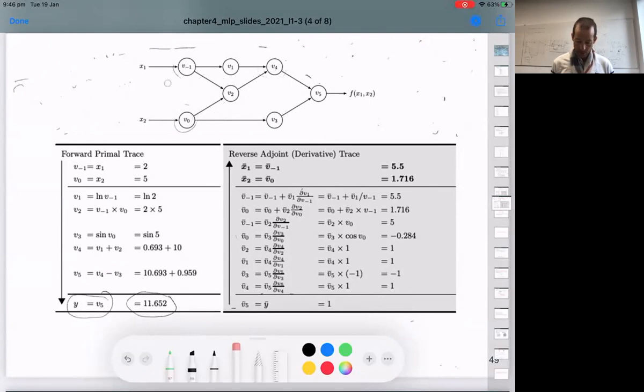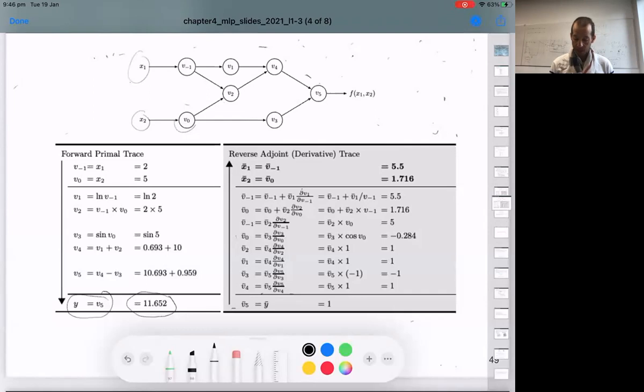Okay, so now I want to compute the derivative. In fact, the good thing with the reverse mode is that we will get the derivative with respect to x1 and also with respect to x2, which we don't have in the forward mode of automatic differentiation.